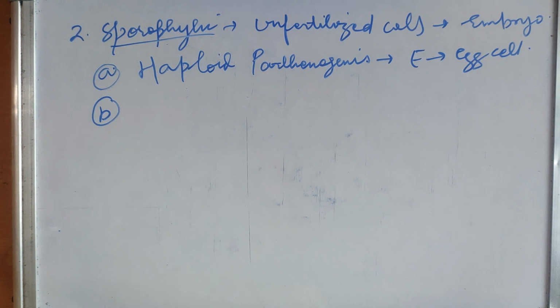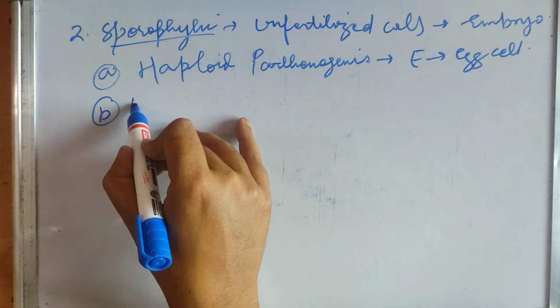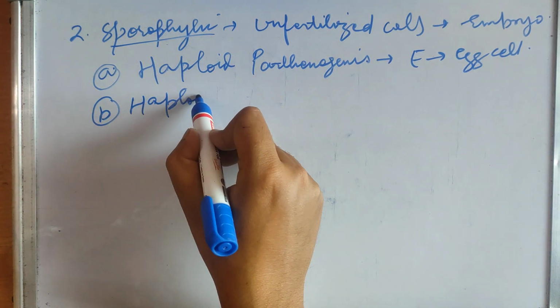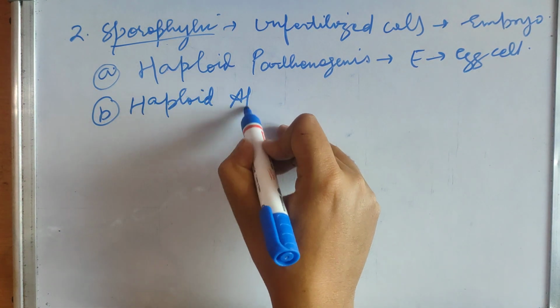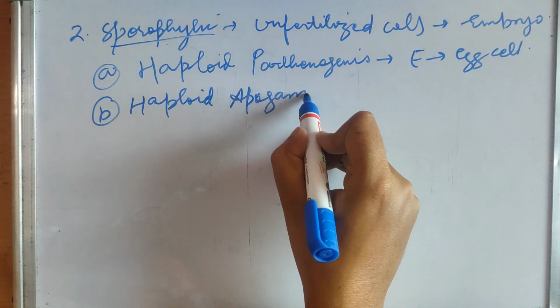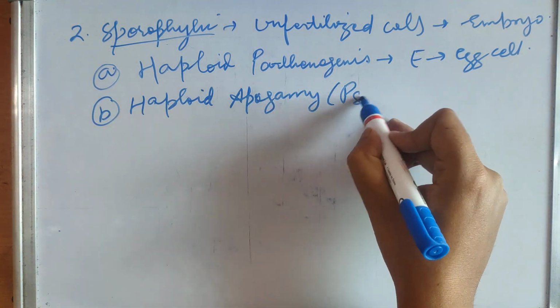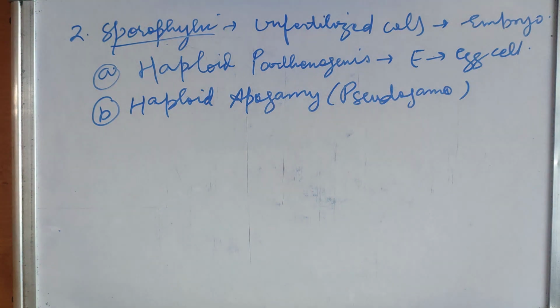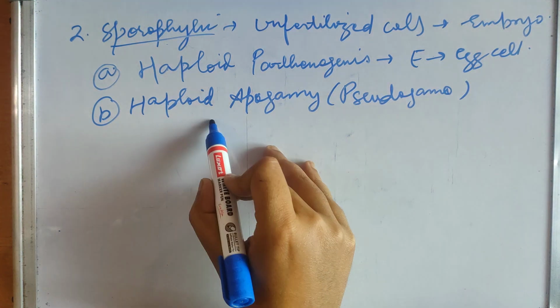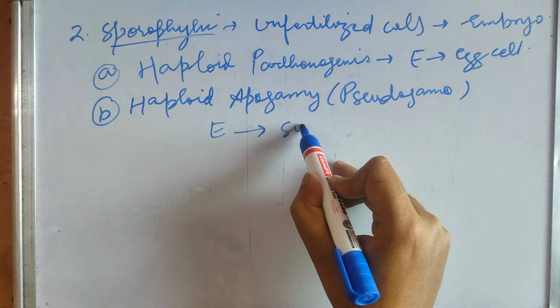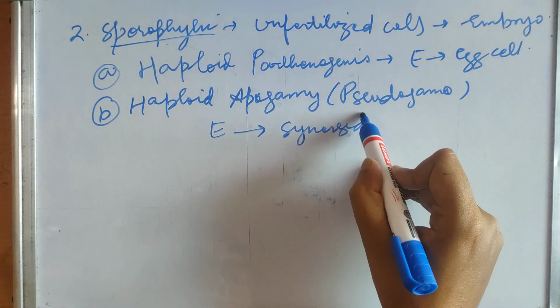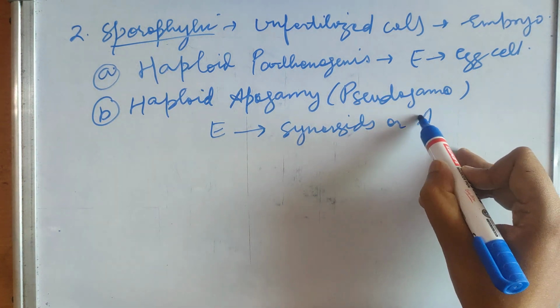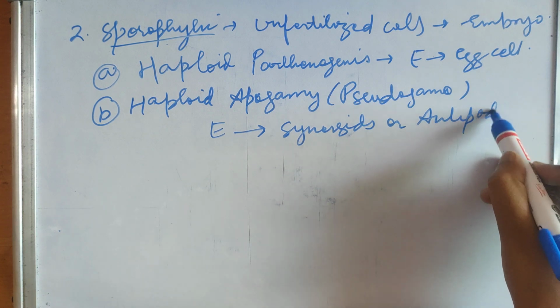The second one is haploid apogamy, also known as pseudogamy. Here the embryo develops from synergids or antipodal cells.